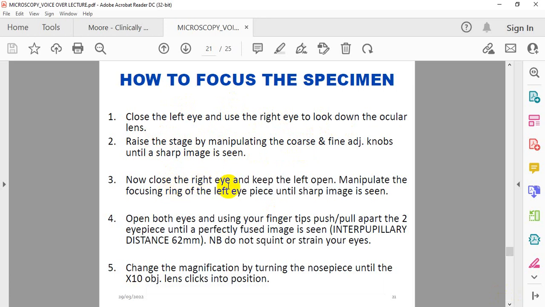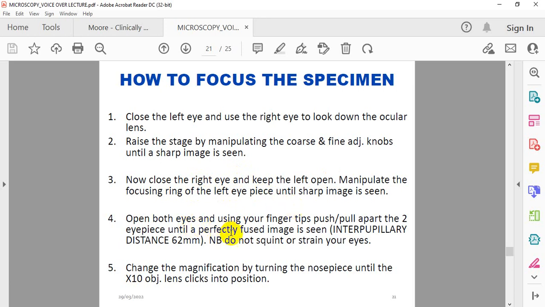Now close the right eye and keep the left eye open. Manipulate the focusing ring of the left eyepiece until a sharp image is seen.